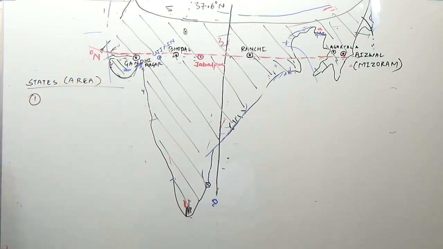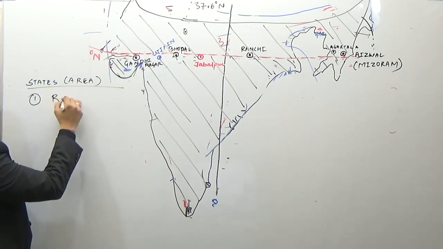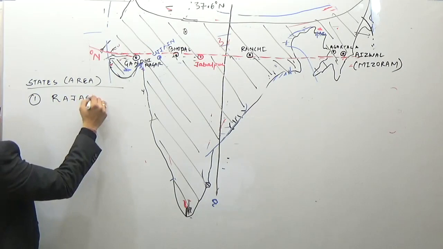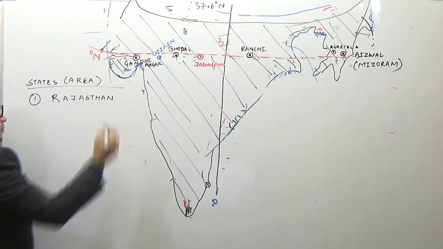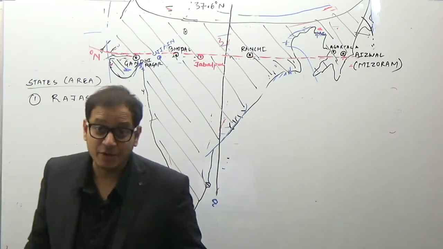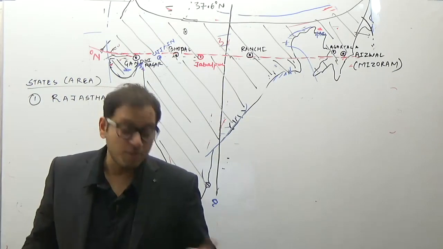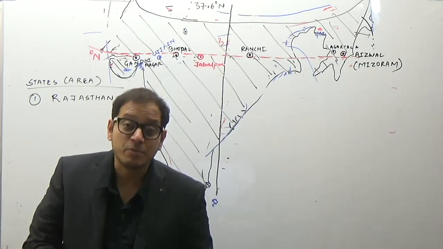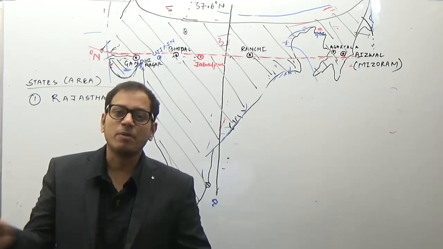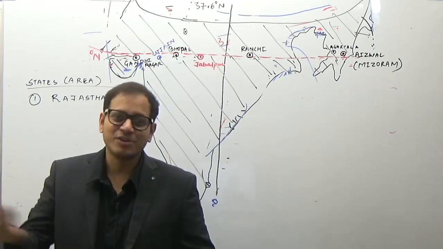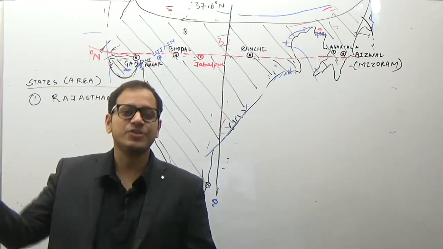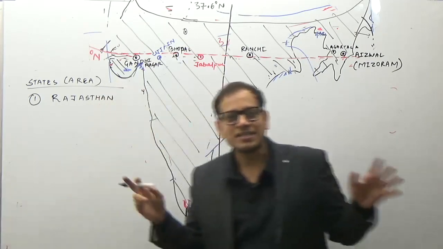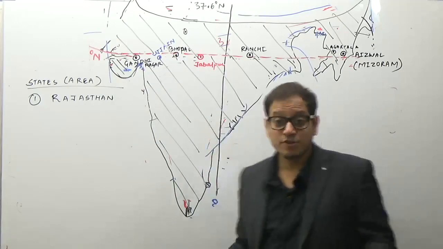The biggest state in India is Rajasthan. We are doing this by area, not by population, because population we will do as a separate chapter in the demographics of India, where you will learn about sex ratios, education, etc.